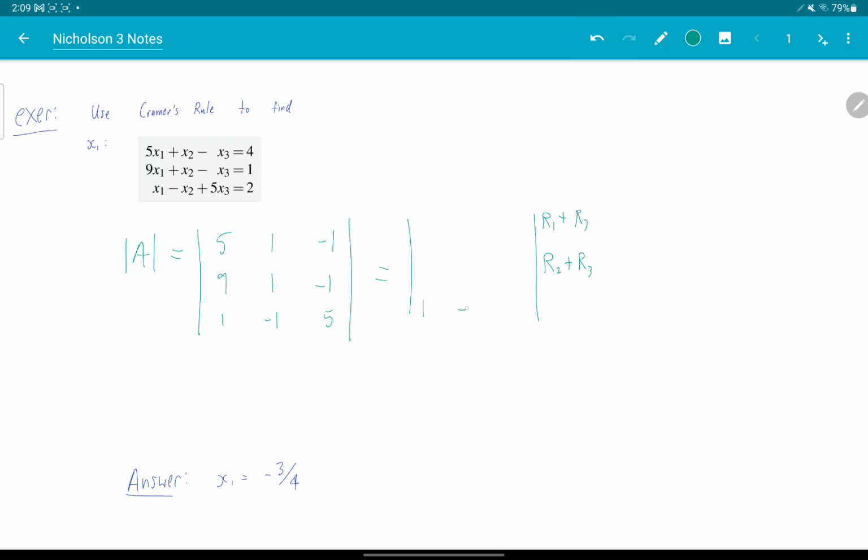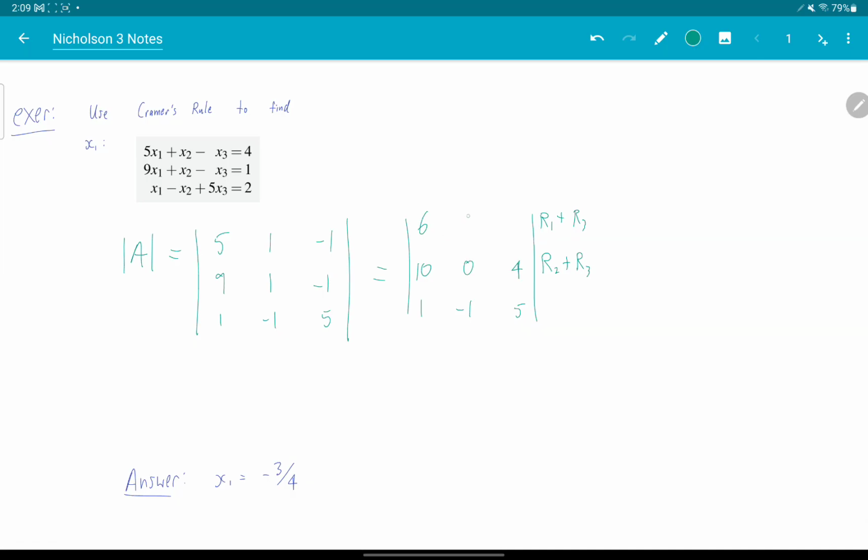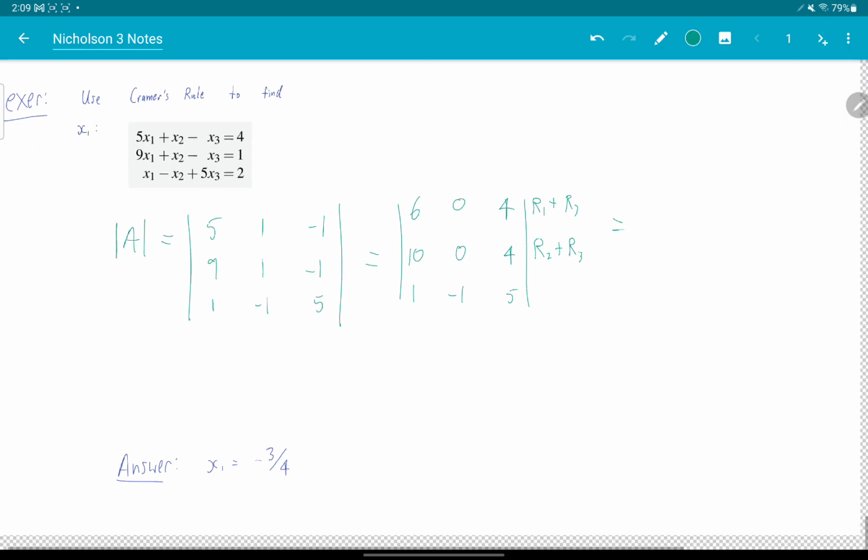So what do I get? Not changing the bottom row, so I just copied it out. Now the determinant will be, well, it's going to be that -1 down there.